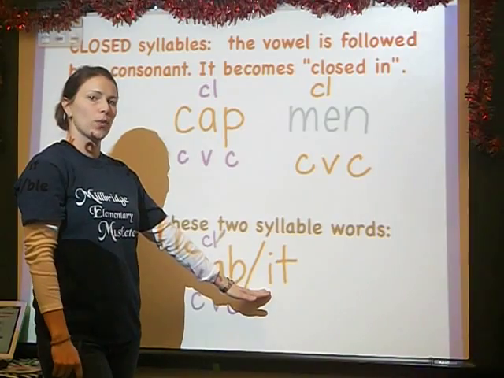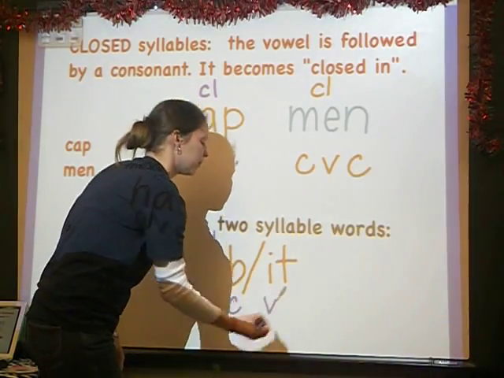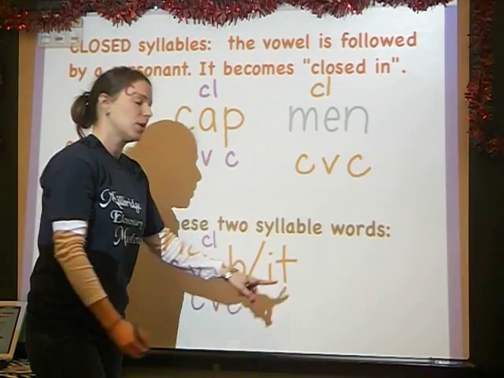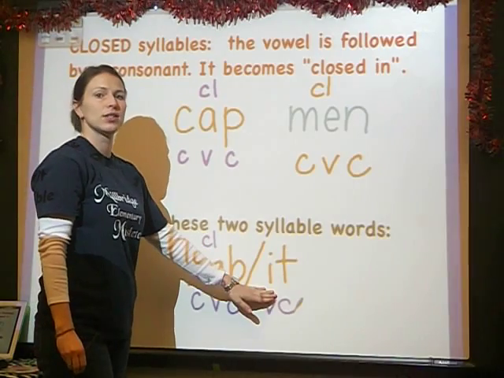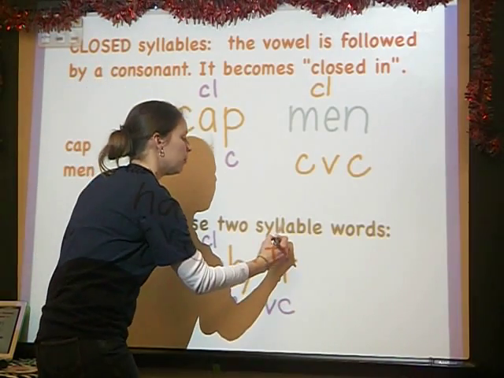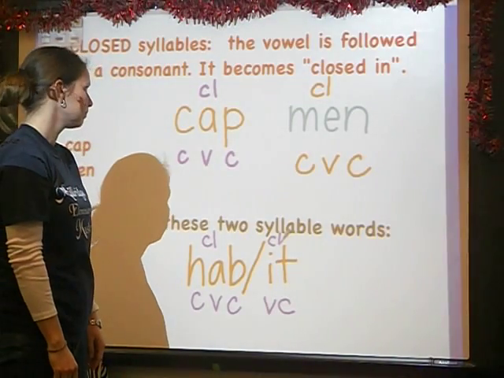The second syllable of the word begins with an I. That is a vowel. But it ends with a T, which is a consonant. And my vowel is closed in by that T, so here I can put CL, which means closed syllable.